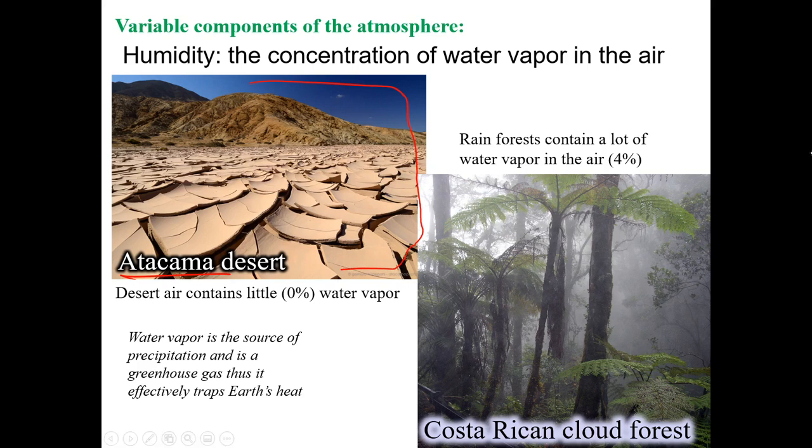Or it could be something like a cloud forest in Costa Rica, which is extremely moist, right? In these situations, you have up to 4% humidity in the air, and as you know, that extra humidity replaces the other components. So if you have 4% humidity, it dilutes the amount of oxygen that's in the air.